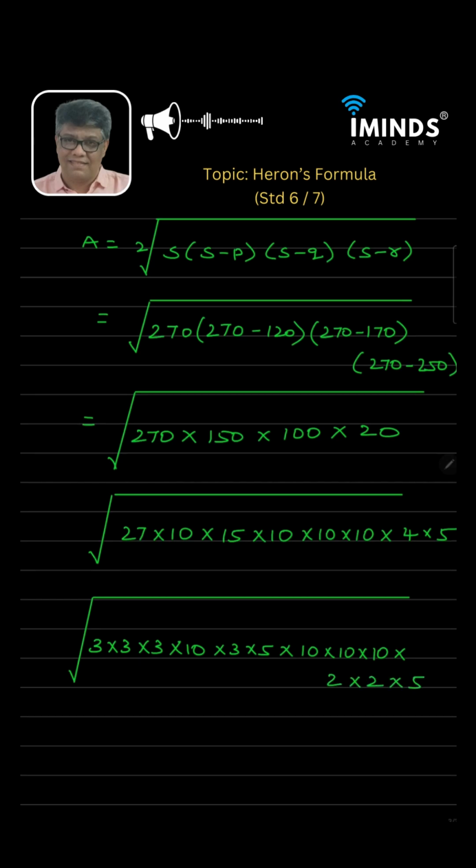Now if we notice, all these variables are in couplets. So let's make all the couplets. Let me cross them. So this is one couplet, so I'll write one 3 here, multiplied by one more 3 couplet, so one 3 comes here.